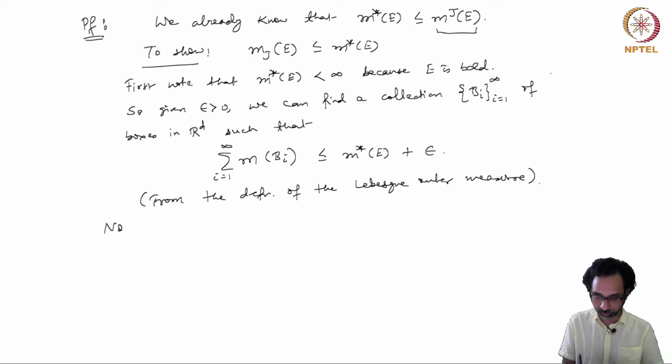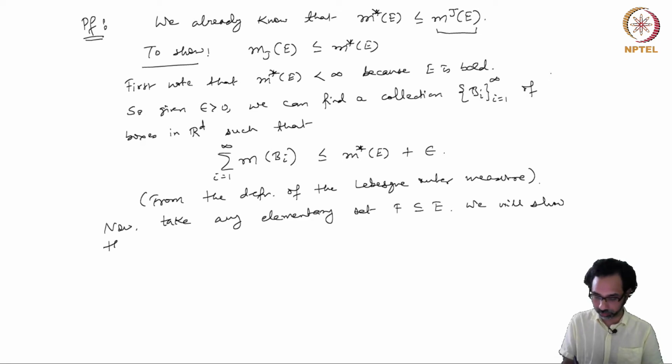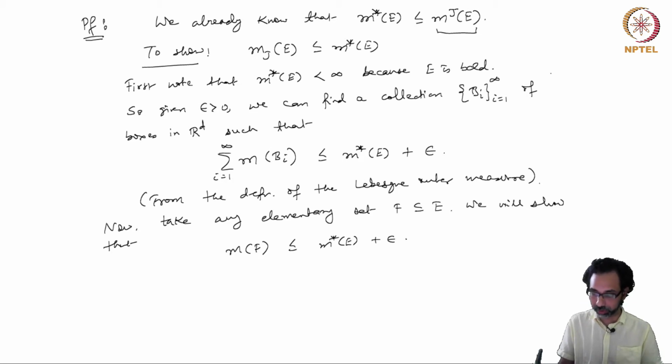Now take any elementary set F inside E. So we will show that the elementary measure of F, which sits inside E, is bounded above by m star E plus epsilon.